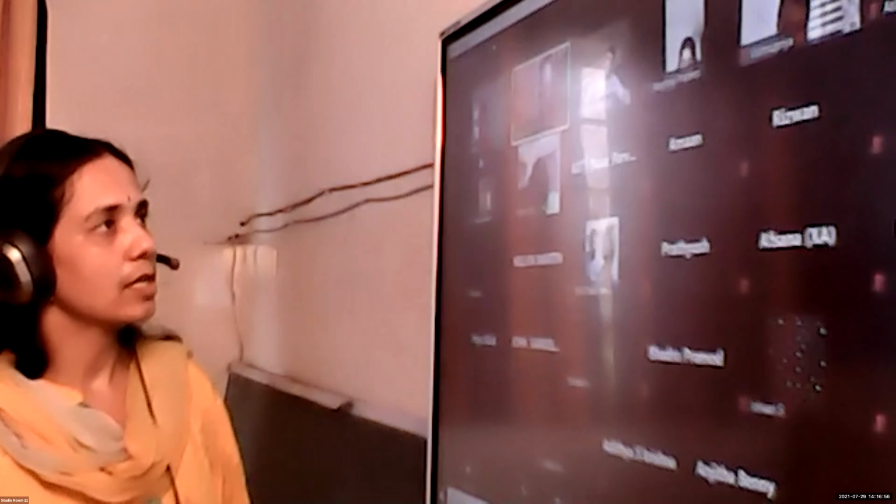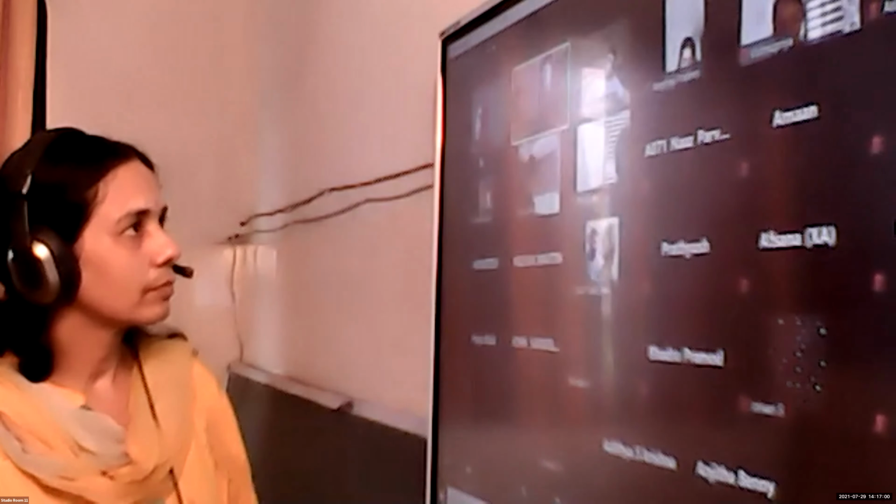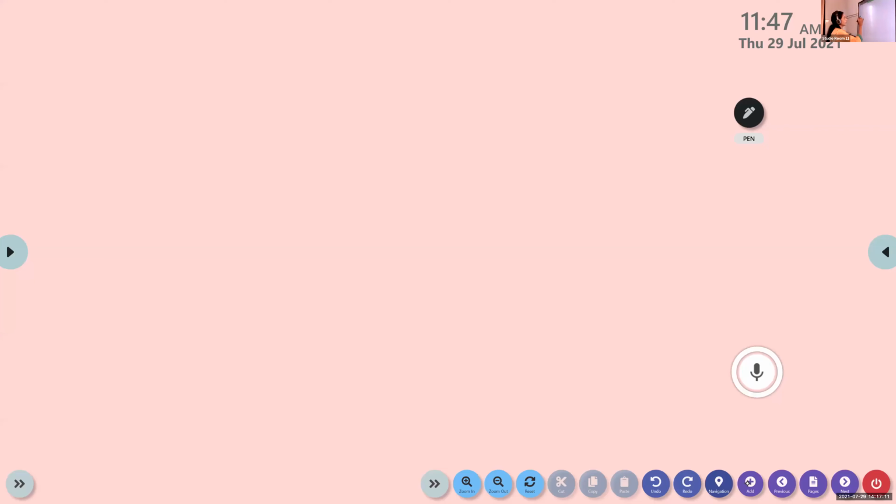Can you give two rational numbers between 1/2 and 1/5? What you can do is write 1/2 and 1/5 in decimal form. It will be easy for you.